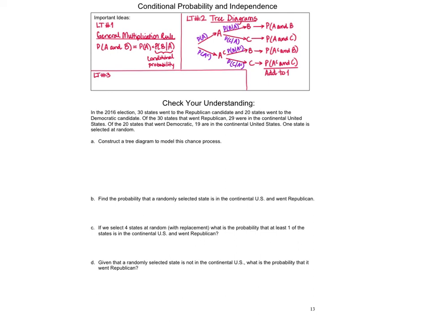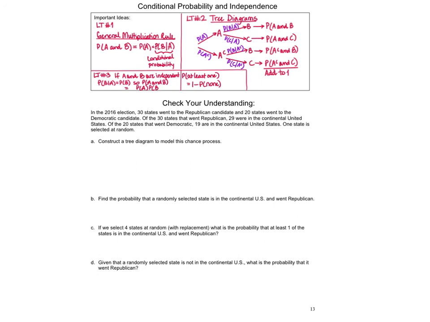If A and B are independent events, then the probability of B given A is equal to the probability of B, and that means that the probability of A and B is equal to the probability of A times the probability of B. One more important thing that we need to talk about, and that is that the probability of at least 1 is 1 minus the probability of none.